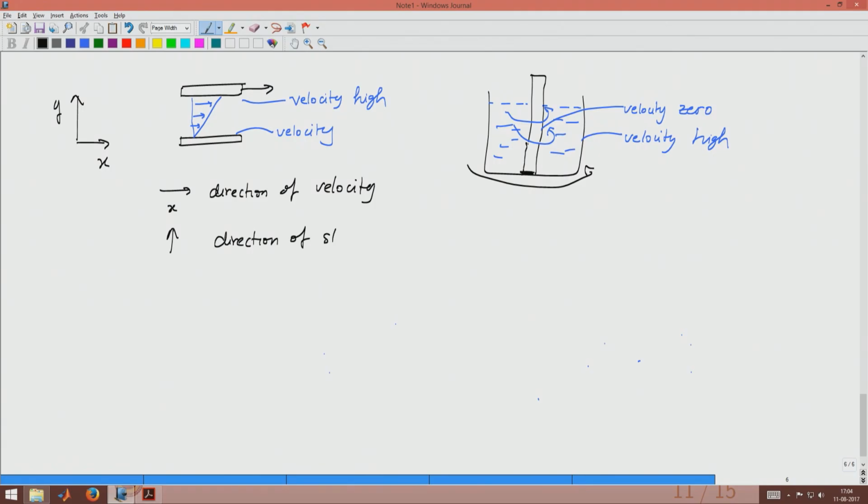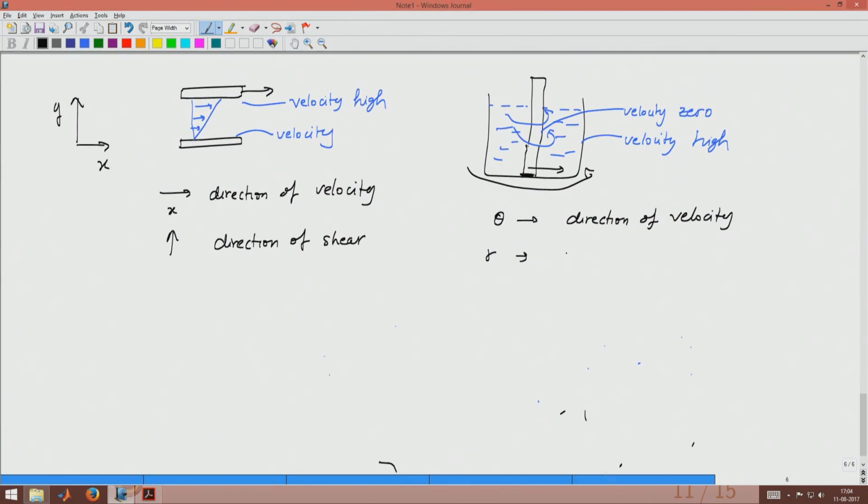So, therefore, that will be referred to as the direction of shear. Similarly, in this case, theta is the direction of velocity and r, which is this direction outward, is the direction of shear.